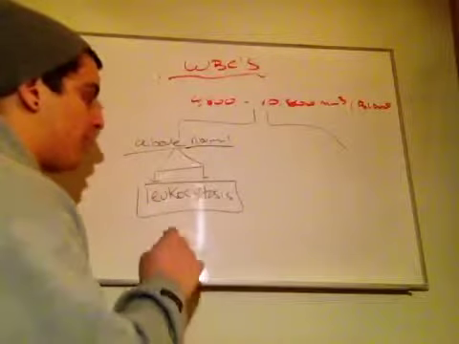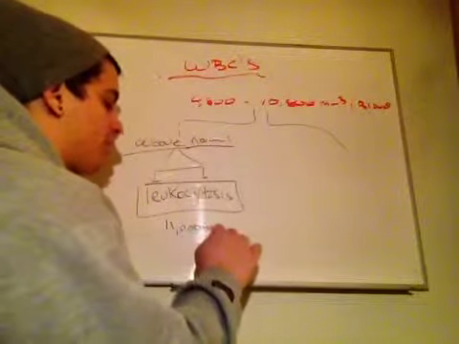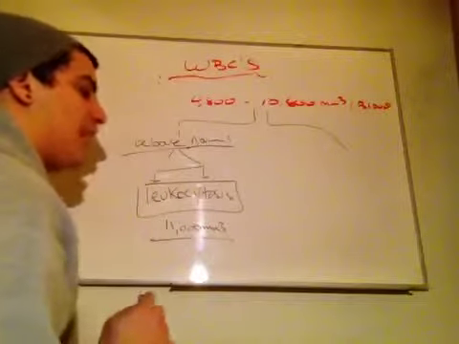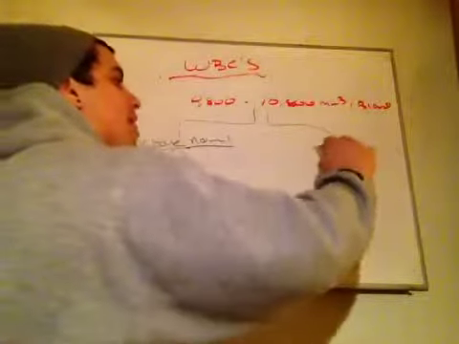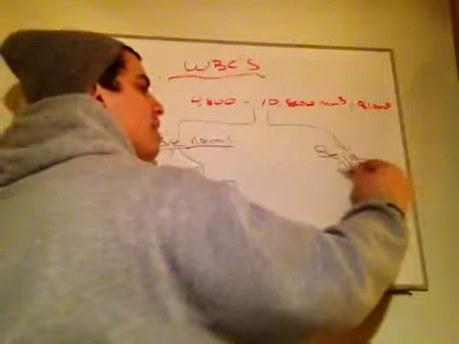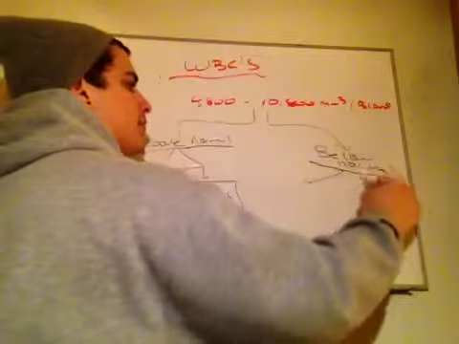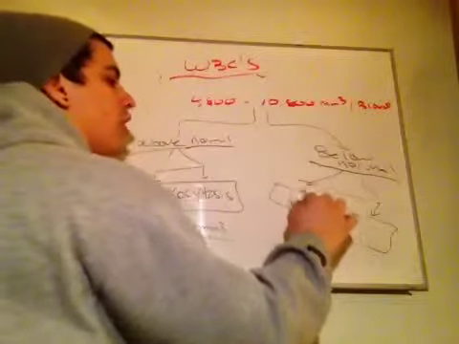We say a normal response to an infection is about 11,000 white blood cells per millimeter cubed of blood. If it is below normal, we call it something else. We call it leukopenia.